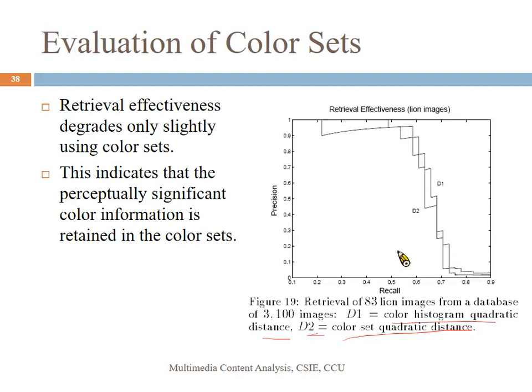That means the proposed color set feature works very well, quite similar to the color histogram. However, the color set feature is simpler, and the execution time of measuring similarity is much less than color histogram. So this is the superiority of the color set feature.